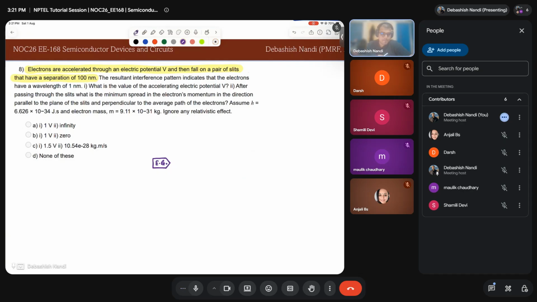Fine. And then I have a double slit like this. Okay, and it is mentioned that electrons are further accelerated, right?